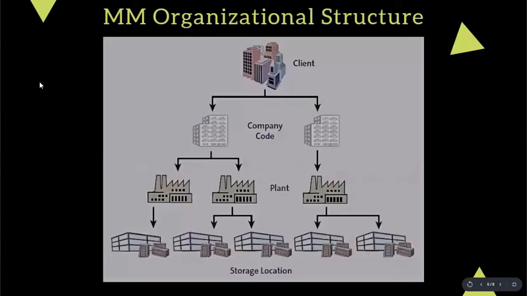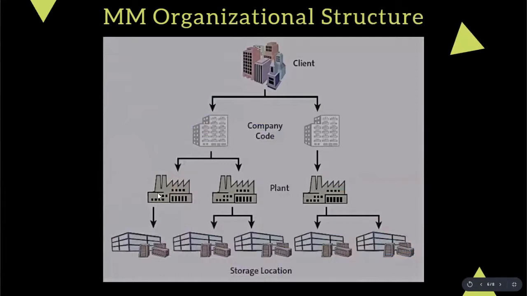Here is how an MM organizational structure is depicted. The first hierarchy is the client, followed by company codes, followed by plants, followed by the warehouses, or what we call storage locations. As I told you, a client can have more than one company code assigned to it.